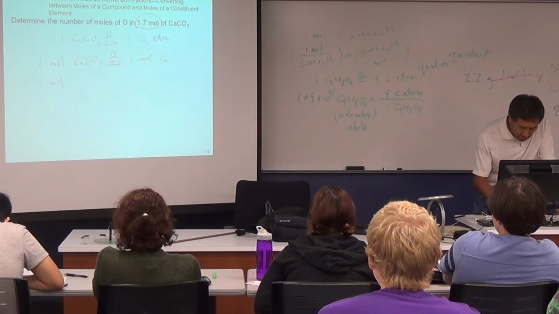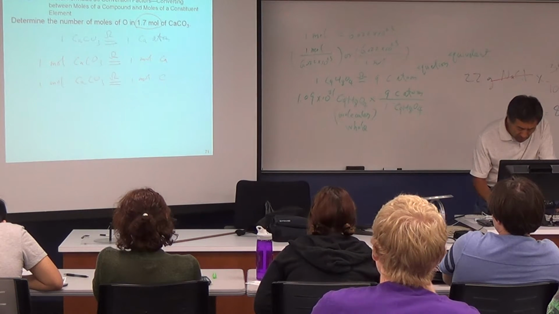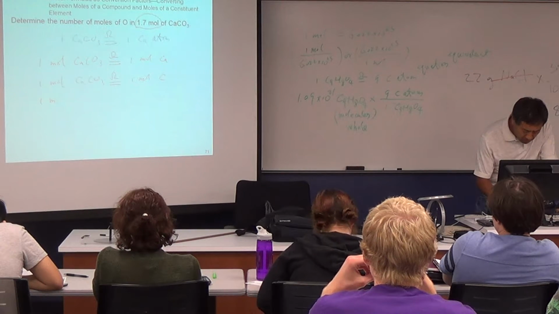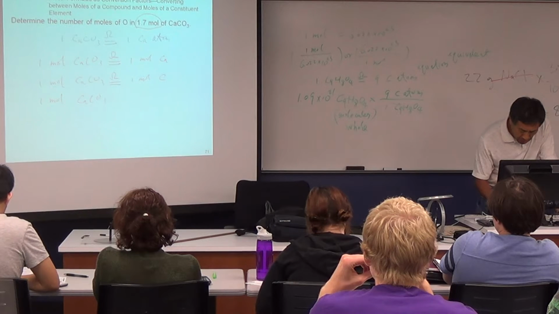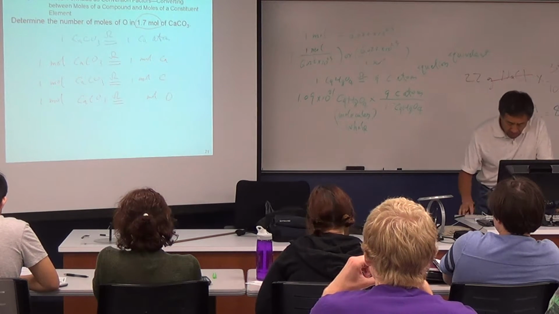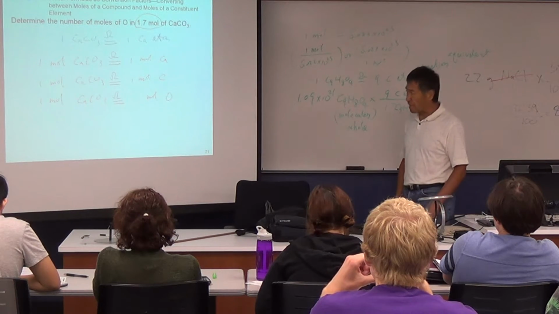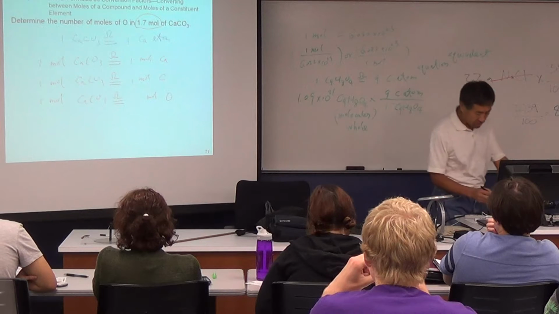You can write 1 mole of CaCO3 equivalent to 1 mole of carbon, plus 1 mole of CaCO3 equivalent to moles of O. Now you tell me what will be the number for the last one. 3, right? So this will be 3.